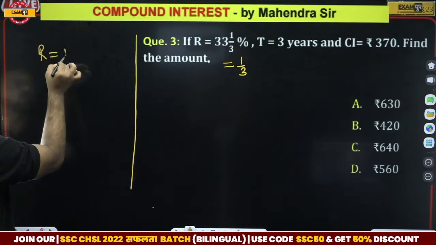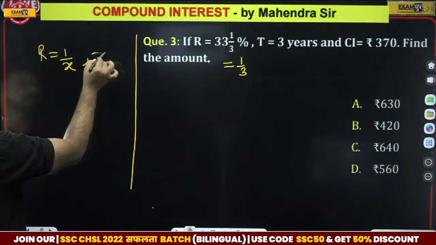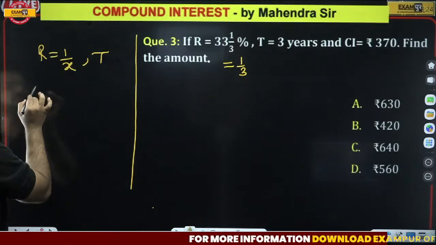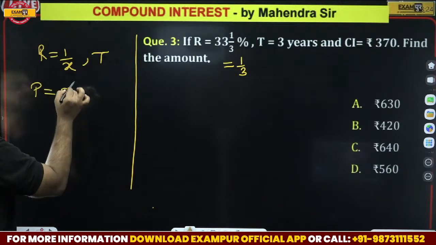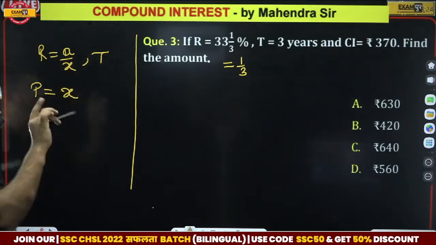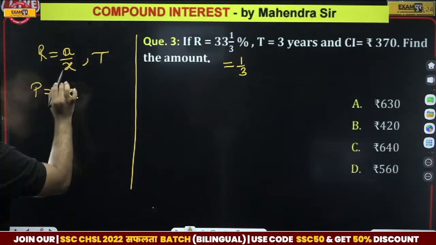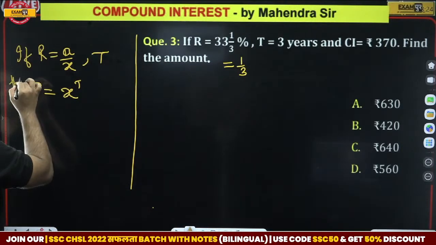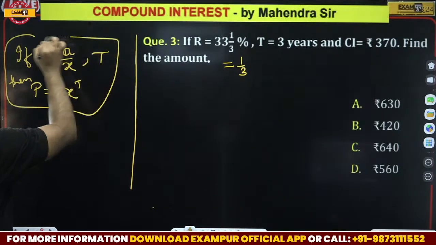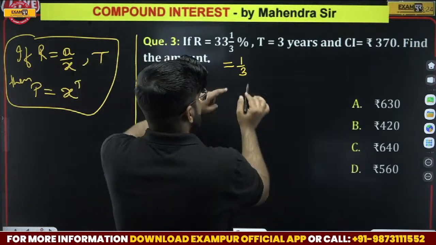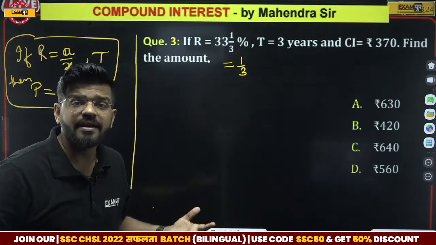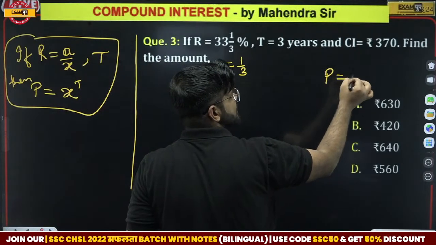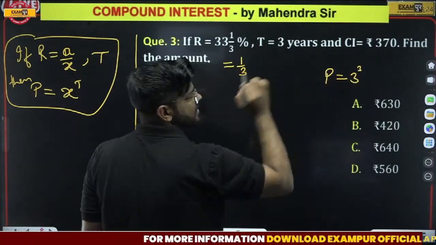If R is equal to 1 by X, and T is given, like 2 years, 3 years, whatever is given, then you can let P be equal to X to the power T. Here 1 upon X or A upon X is also possible, but we have to take X only, X to the power T. So here it is 1 by 3, so I can write P as 3 cubed, right? For 3 years, P is 3 cubed.